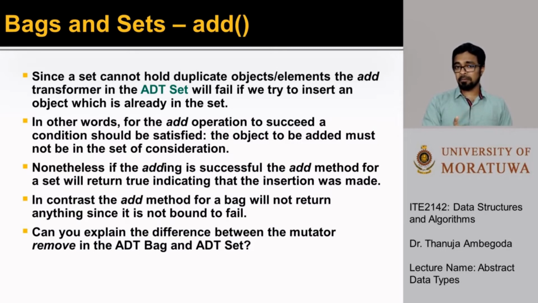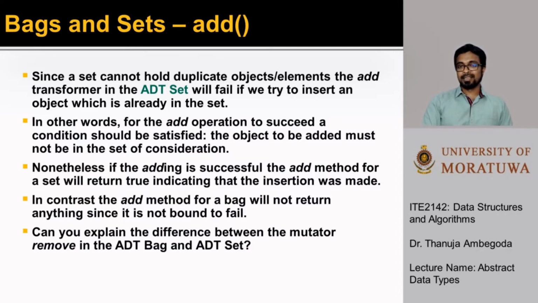However, for a bag, you don't need this return value because it does not need to have any precondition, because as long as you give any object, the bag can keep on adding that object. So it's always a success. So you don't need to define a return value for the bag.